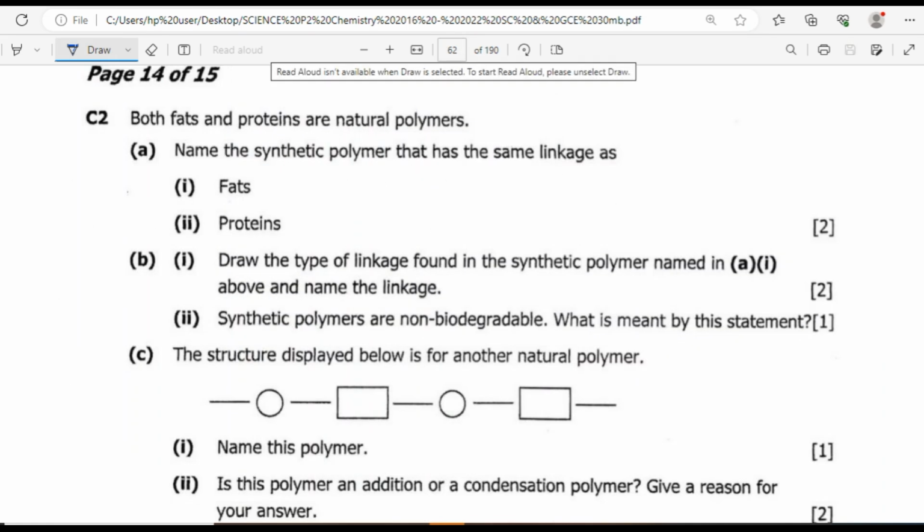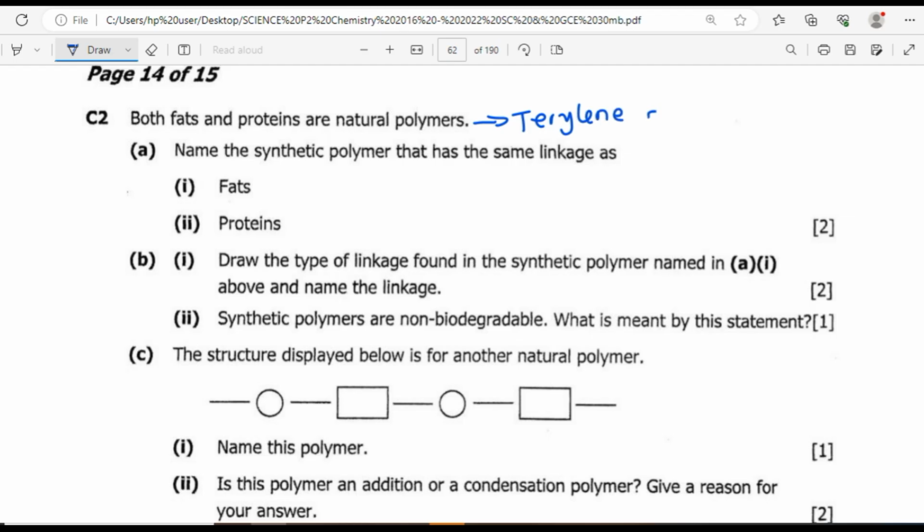Okay, now we move on to the last question here. Both fats and proteins are natural polymers. So if we compare these, you'd find that terylene is a condensation polymer, and nylon is also a condensation polymer. Now the only difference is that terylene and nylon are man-made.